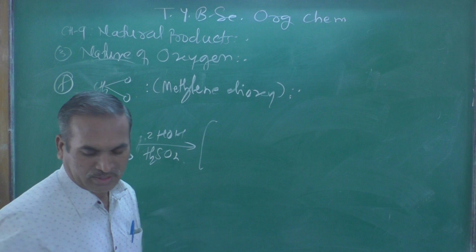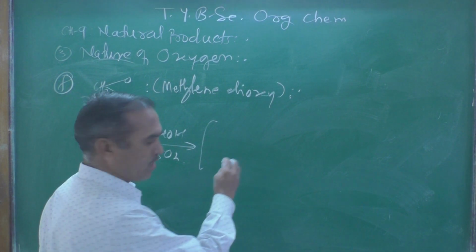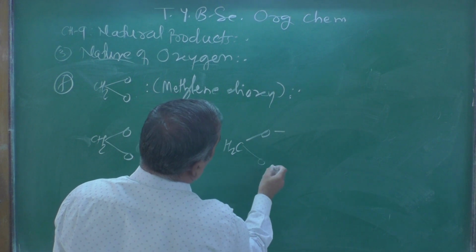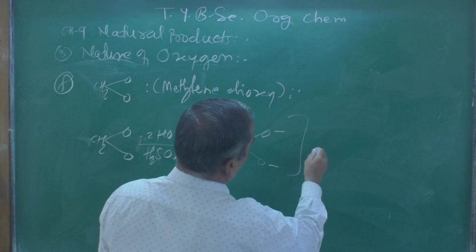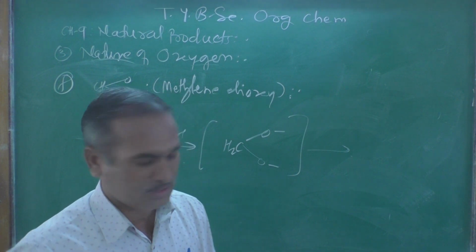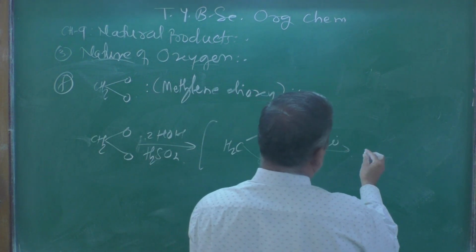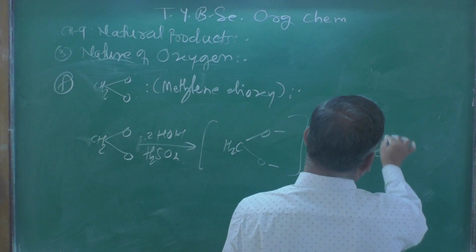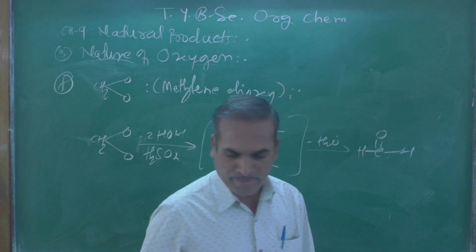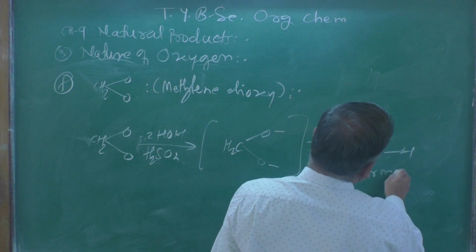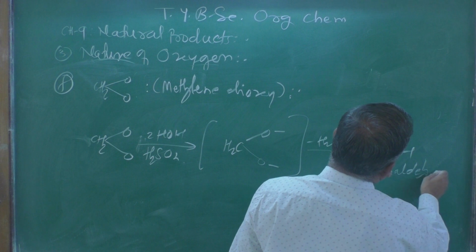You are going to get one of the intermediates like this, H2C with O minus and O minus, and that is an unstable compound, and there is an elimination of water, and you get the formation of C double bond O, that is formaldehyde.